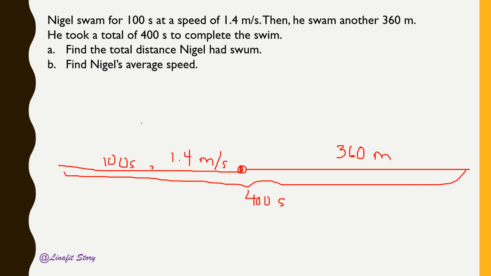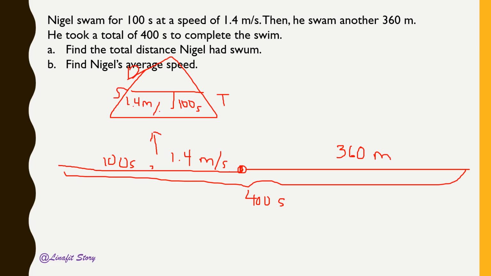To solve question A, we should find the distance swam in the first part. So we may use the DST triangle. The time taken is 100 seconds and the speed is 1.4 meters per second.